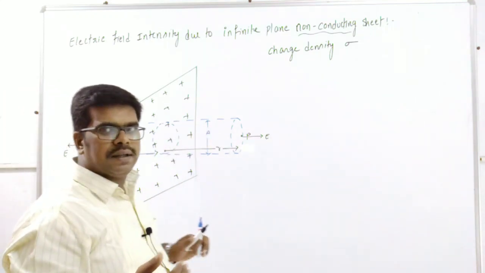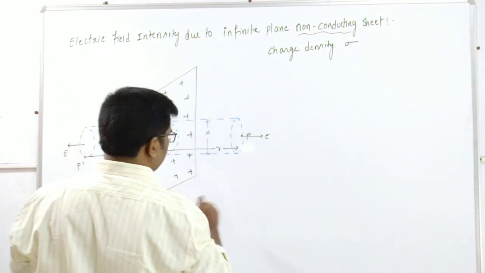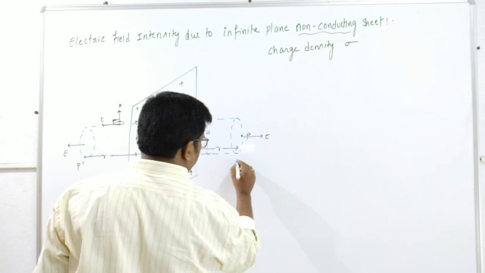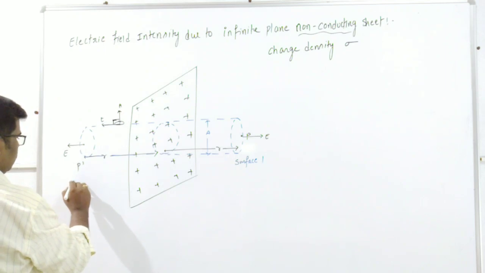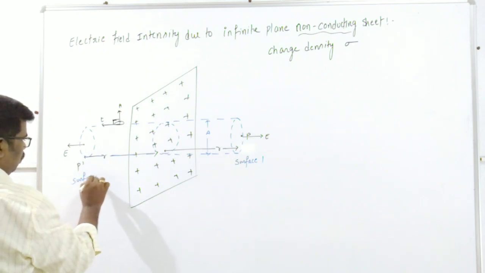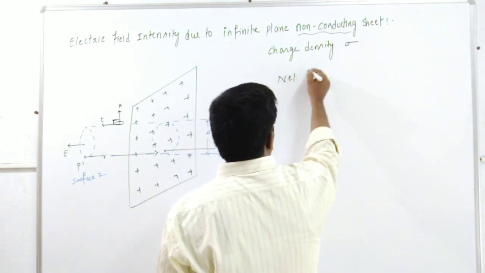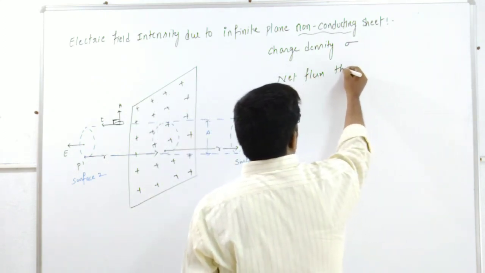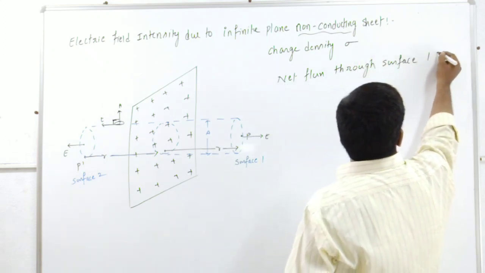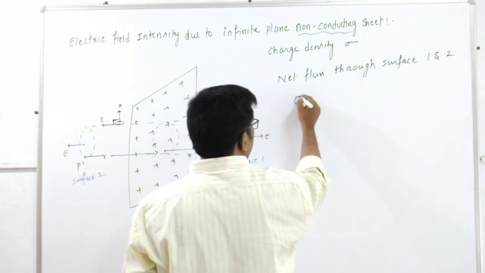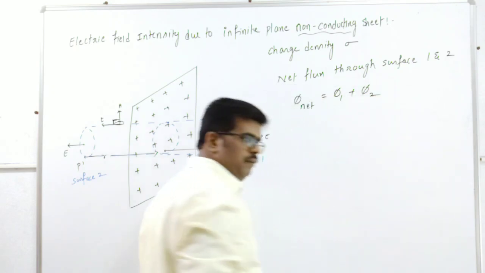So to find the net flux, I am taking this as surface 1, and here it is surface 2. So the net flux through surfaces 1 and 2 is phi net equal to phi 1 plus phi 2.